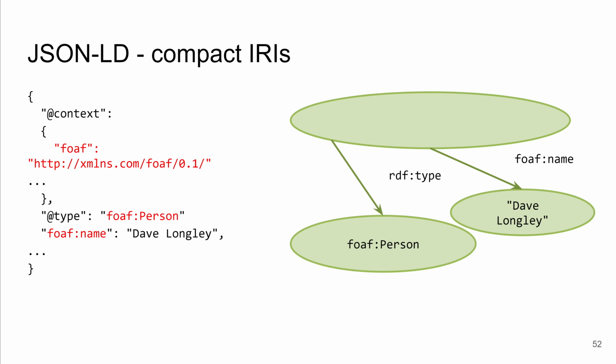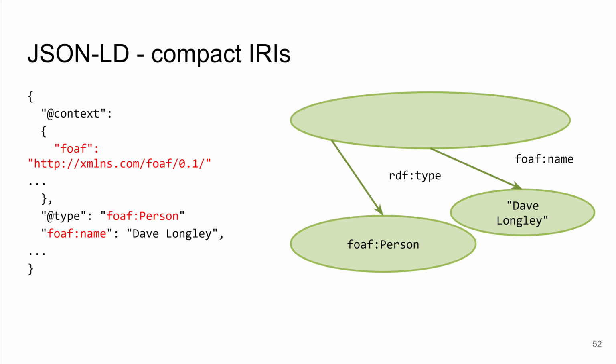Now, another step towards getting rid of those long IRIs is compacting, which is similar to prefixing in other RDF serializations. So here we actually define, for instance, the fov prefix, and then we use it in places where IRIs are expected. So for instance, here in the context, we define the fov prefix, and in type, we use fov:person, and we know that it is the full URI of the fov:person class.